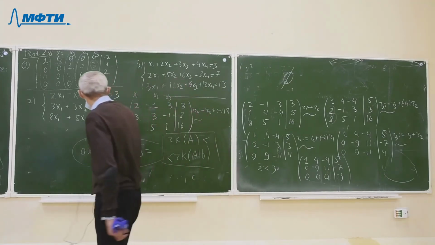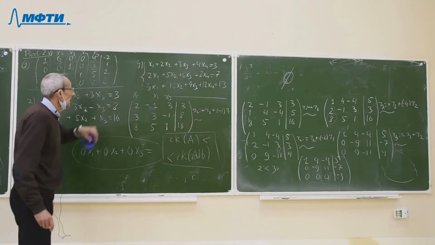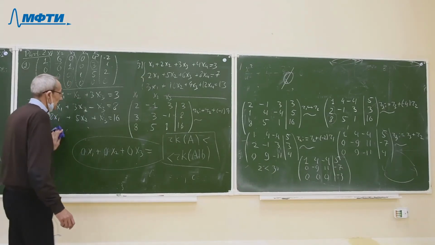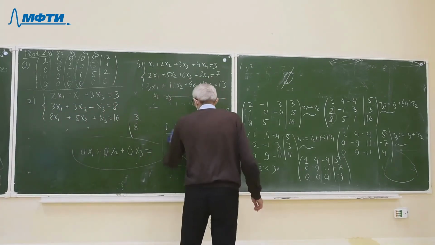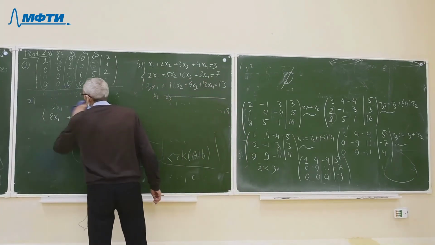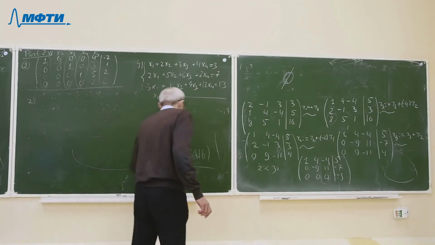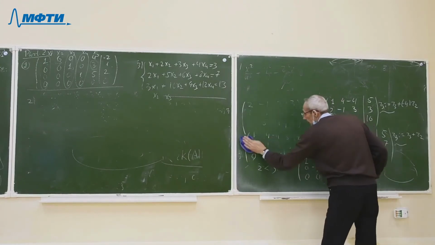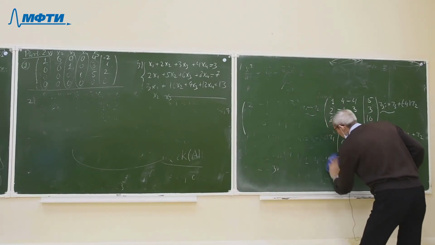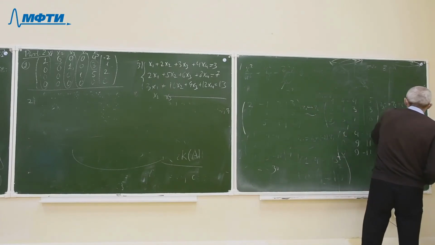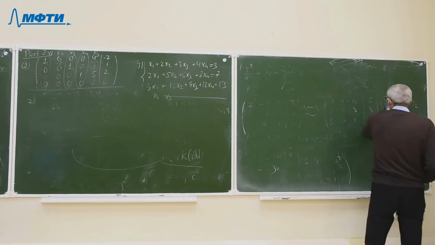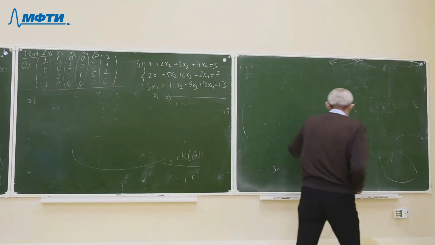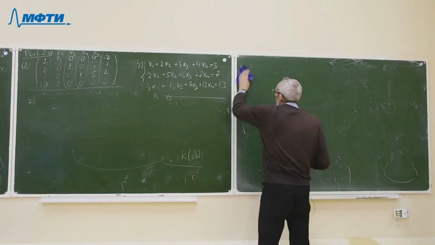Okay, let's consider the following example: a linear system. Let's rewrite this linear system in matrix form.